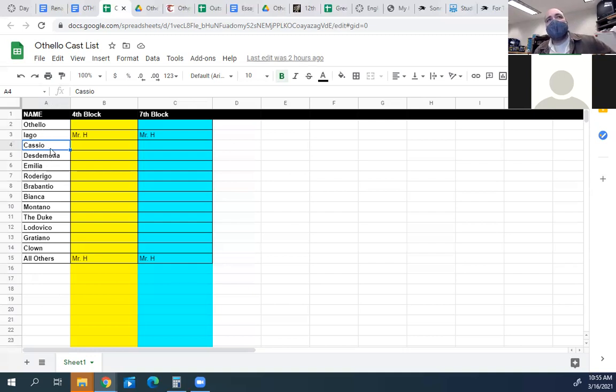And so he has hired Cassio to be his second in command. Cassio did go to military school, but he's never fought in a battle. And that's why Iago's pissed, because Iago's fought in a bunch of battles. And Othello knows that Iago knows how to fight and can hold his own, and he feels like he's got the experience, but not the education.